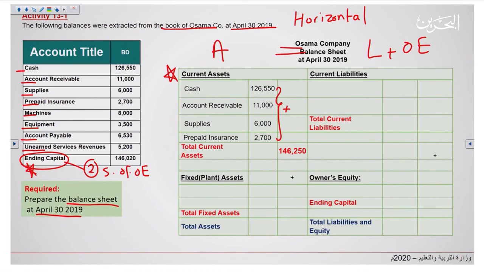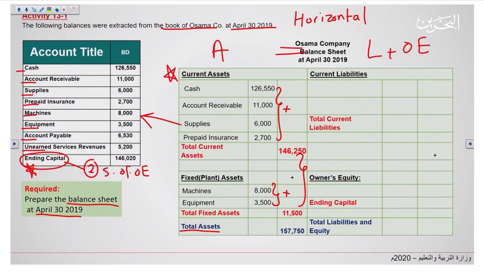Now we will list the fixed assets, which are machines and equipment, and we will calculate the total of these two amounts to get the total of fixed assets. In order to get the total assets, we have to add both the current assets total and the fixed assets total. These amounts are brought from these balances. We are not bringing any information from anywhere, just from these balances that were given in the question.